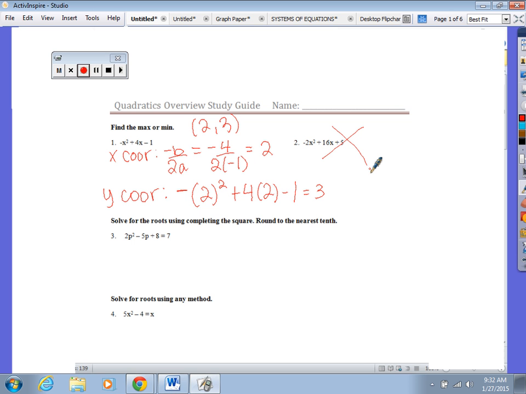Okay, number 3. Solve for the roots using what? Oh, no. We're going to do it anyways. All right. What needs to be done for completing the square? Okay, you could either move over the 8 first, or first you could divide everything by 2. Let's go ahead and divide everything by 2 first.